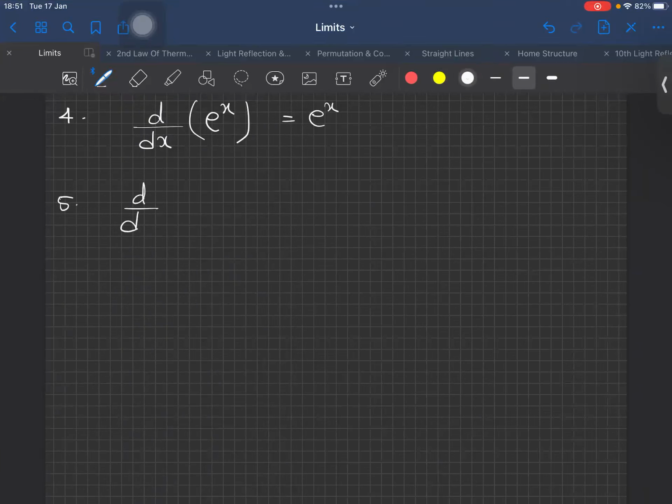Now let's say the fifth function, d upon dx, the derivative of the function a to the power of x. Can you find out the derivative of a to the power of x? Yes, try it.